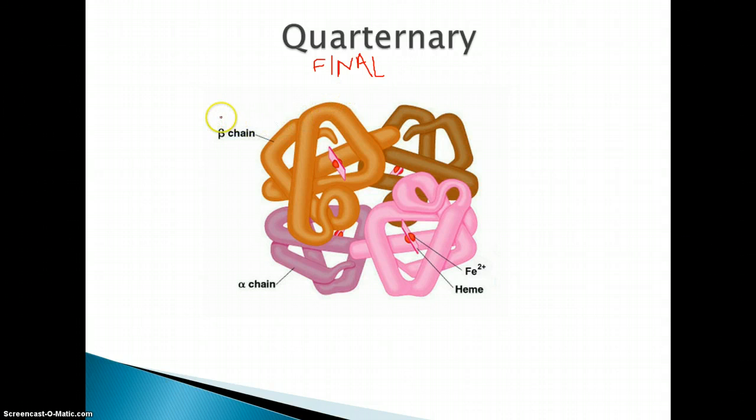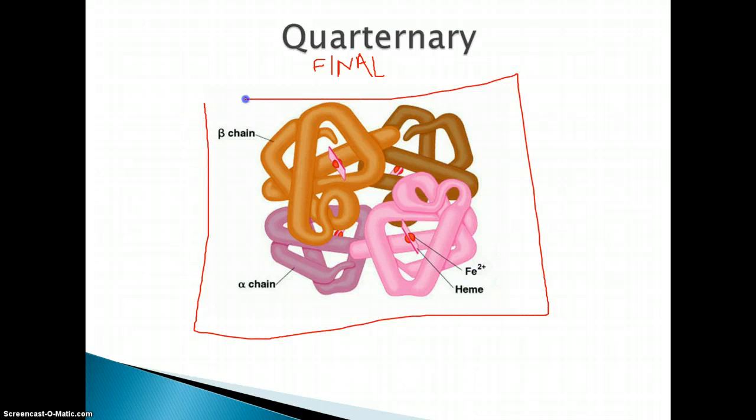So for example, there are three different types of quaternary structures. We'll start with this one. This structure here has 4 chains of amino acids coiled up and connected. So 1, 2, 3, and 4. Now this right here is called a tetramer structure, and this is because it has 4.